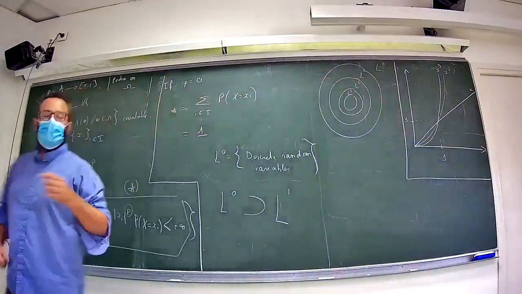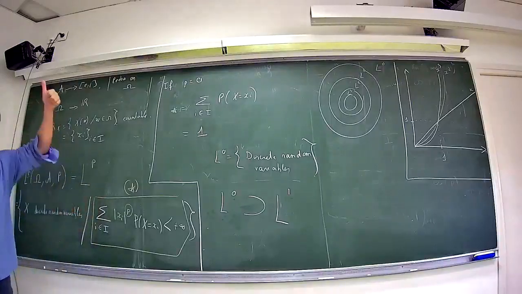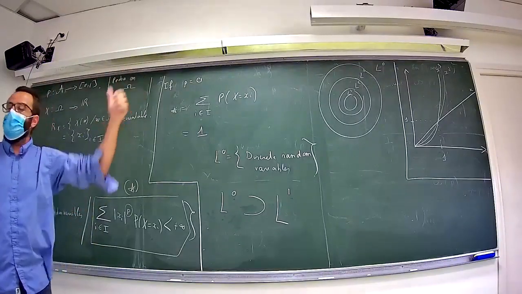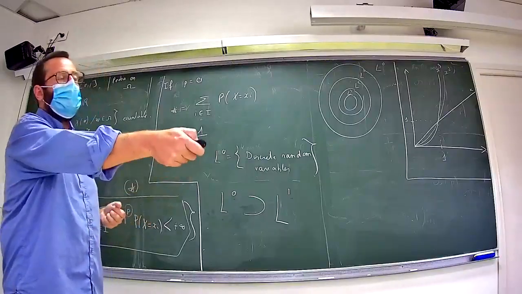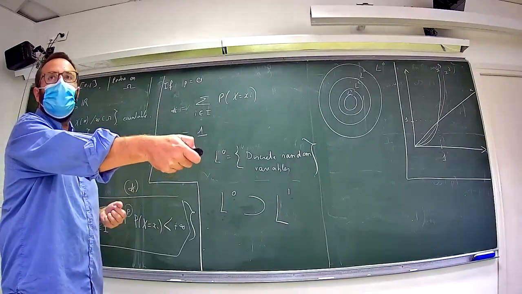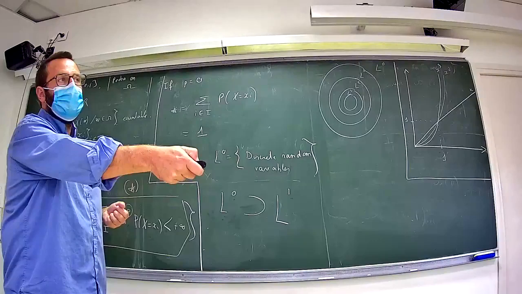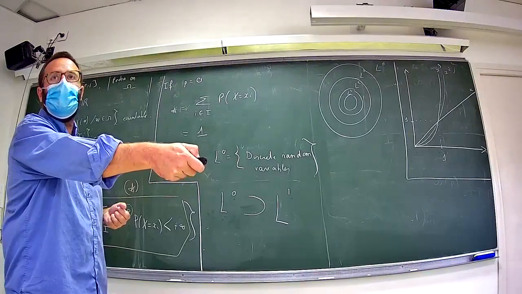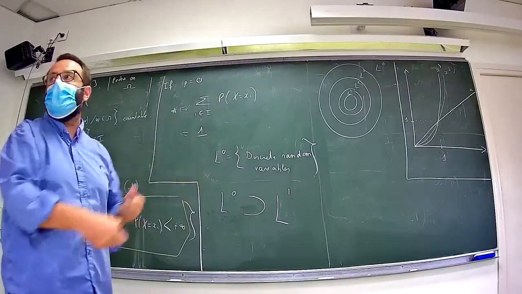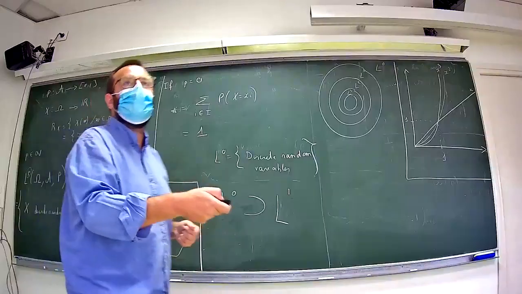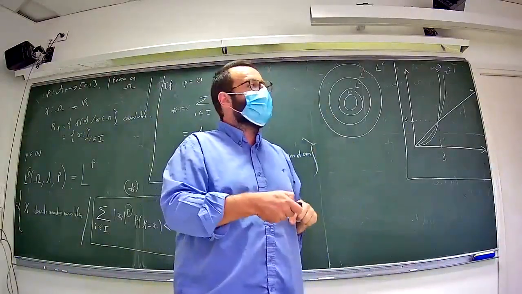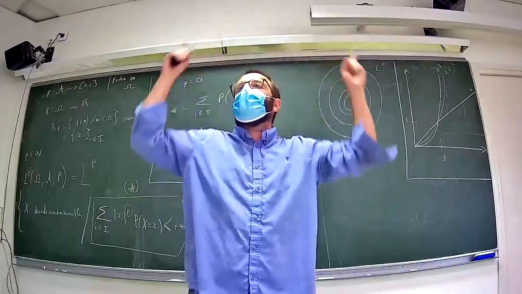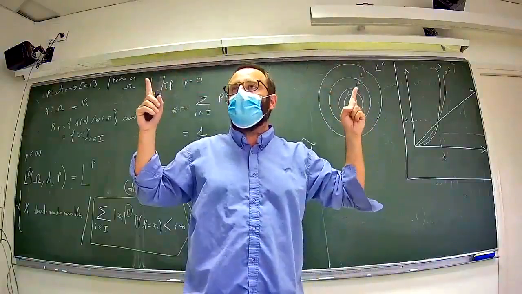So I repeat, L0 is a set of random variables that fulfill a priori the condition that is written on the slide, for p equal to 0. For p equal to 0, this term disappears because it is equal to 1. So the sum of the probabilities is equal to 1, implying that the sum is always finite for p equal to 0. So L0 is just the set of all of them, all the discrete random variables.